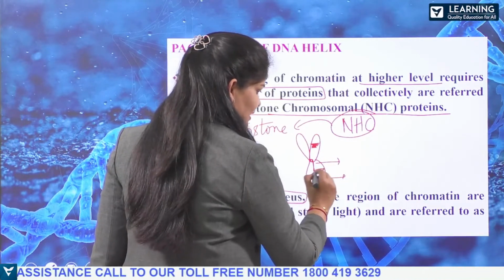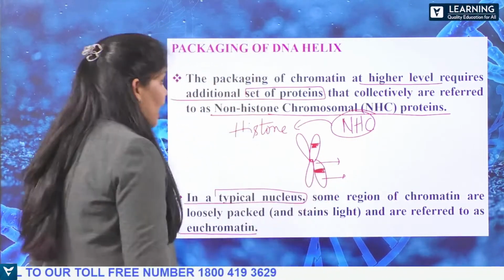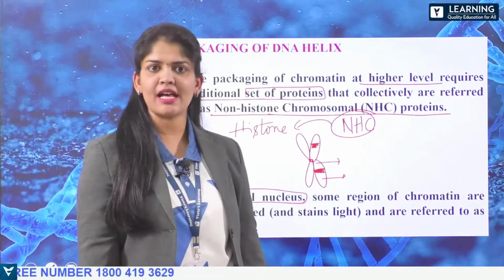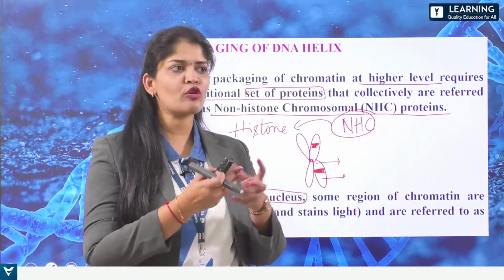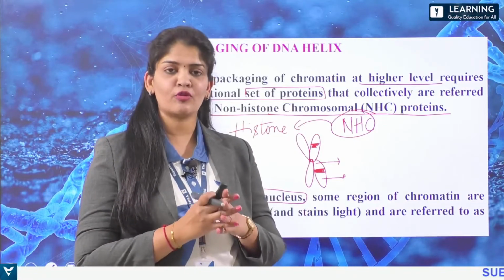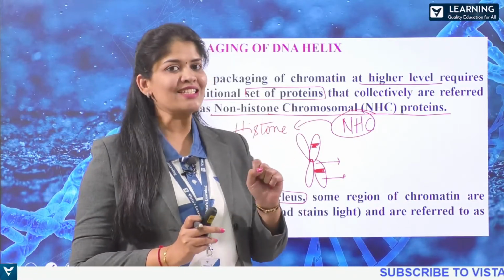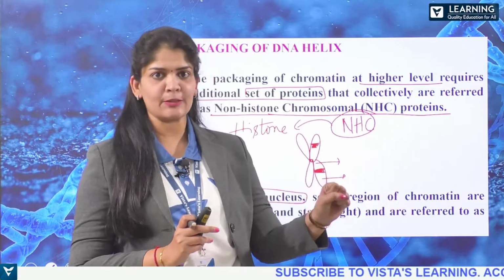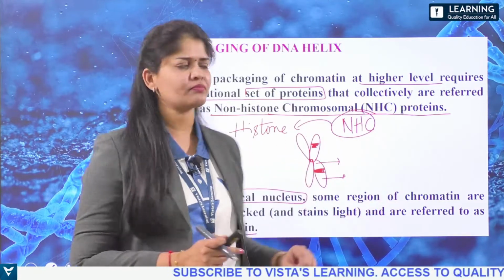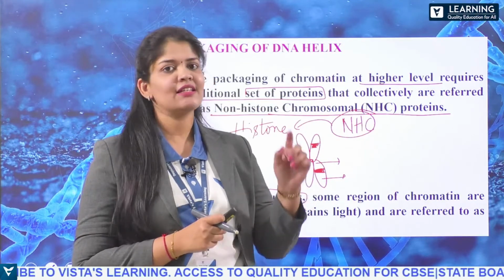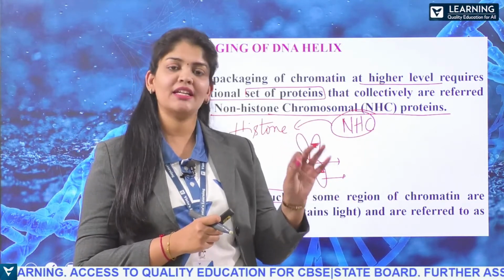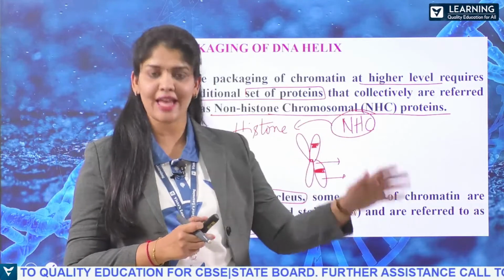And the densely packed and dark in color region of the chromatin we call heterochromatin. Euchromatin consists of a higher concentration of genes. Therefore they are transcriptionally very active. Transcription will be actively done. Whereas in the heterochromatin, transcription is inactive.